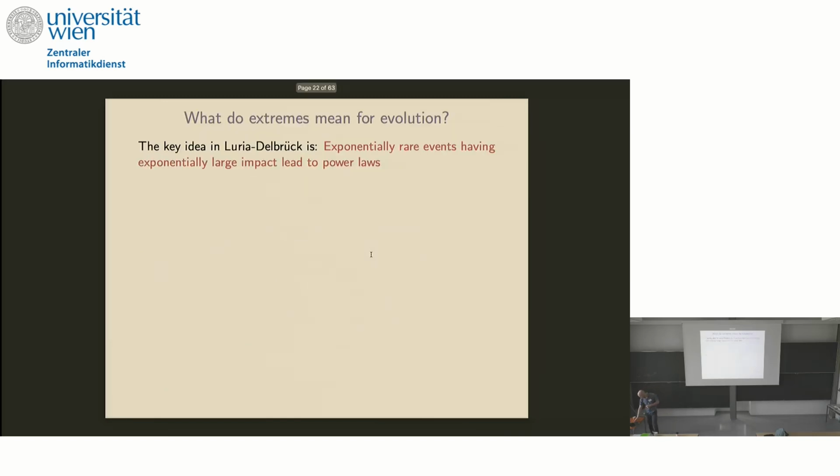So the key thing I want you to take away from this part of the talk, because I'm trying to emphasize when we care about extremes in biology and why they are pervasive, is that in the Luria-Delbrück experiment, it has to do with the fact that you have something exponentially rare that has an exponentially large impact.